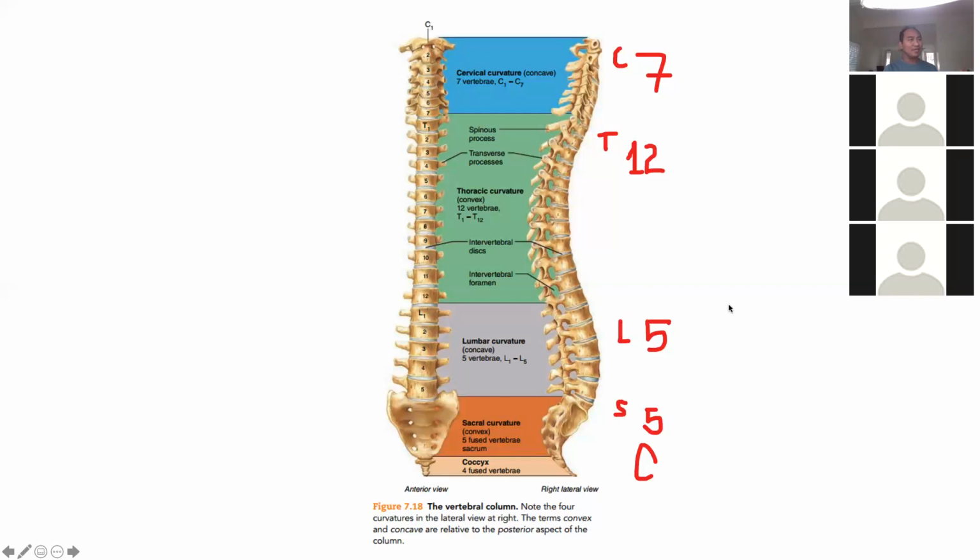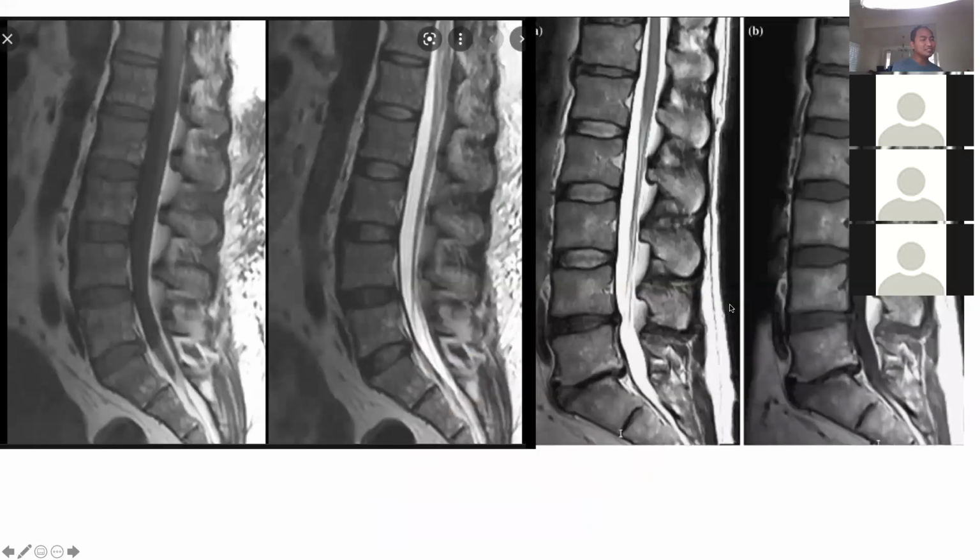So let's look at that. This is the MRI scan of the lumbar spine. These two are from the same patient, and these two are from the same patient. As I said, an MRI scan detects the hydrogen ion in the body.